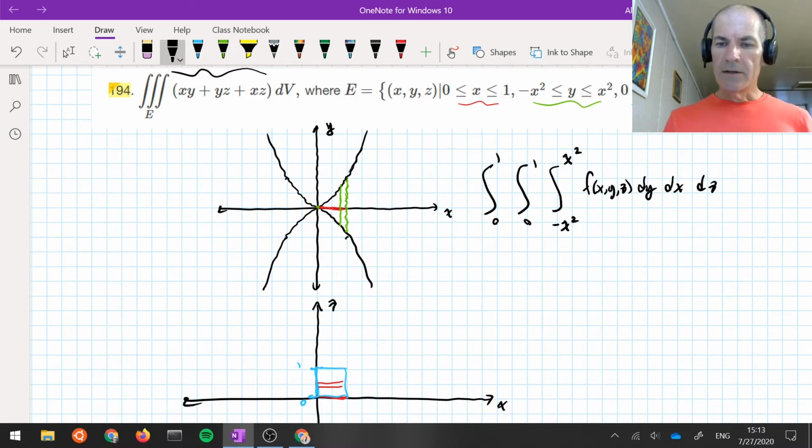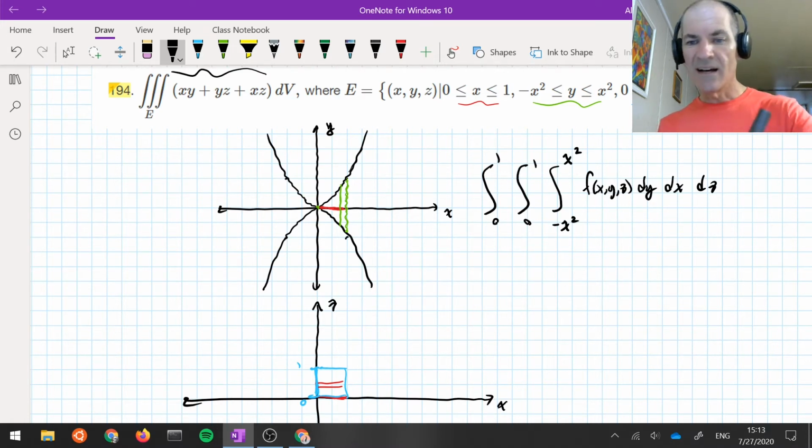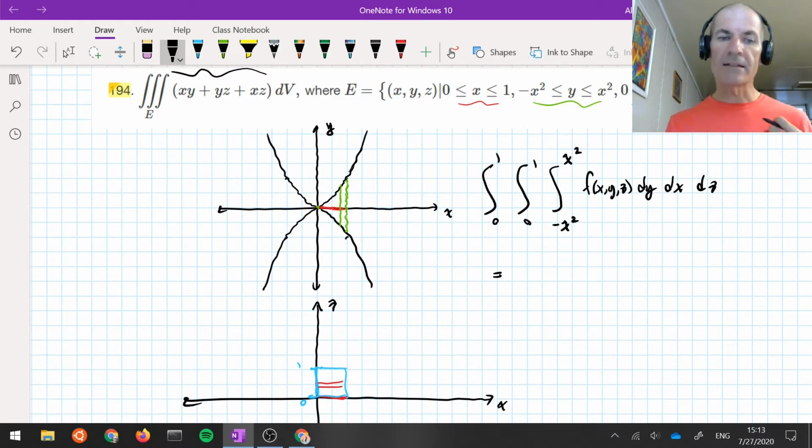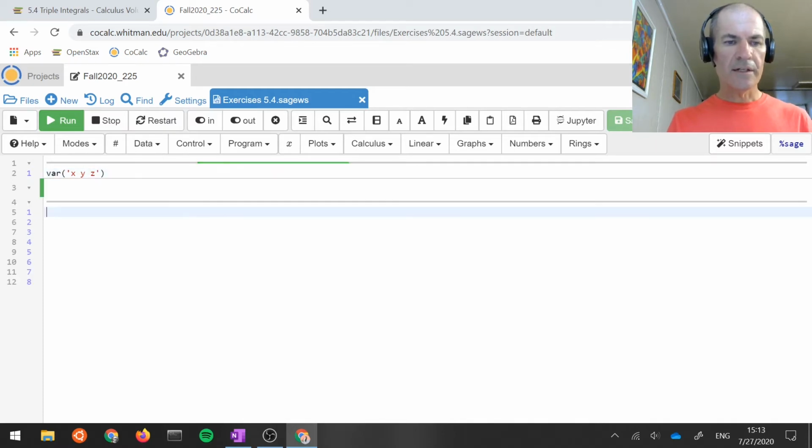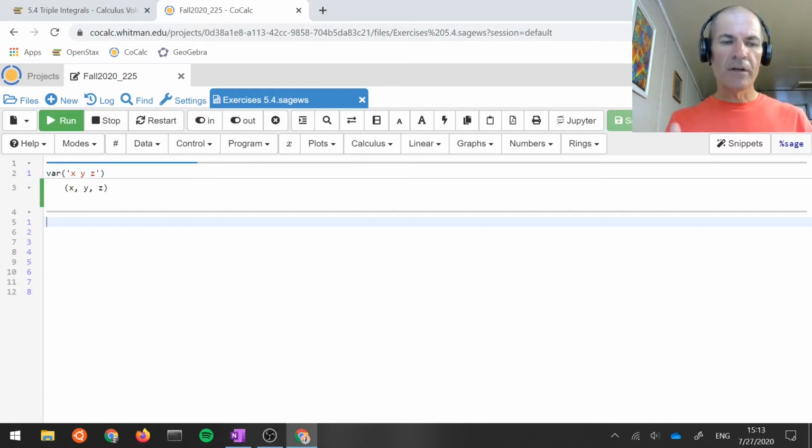All righty, now how do we evaluate this integral? This is actually non-trivial. So what I'm going to do is show you my practice, which is to jump over to a computer program to evaluate these integrals. I've got Sage up and running over here, and we're going to be working with the variables x, y, and z. So I'm going to declare those variables. If you're using Sage for this purpose, I want you to match my process here.